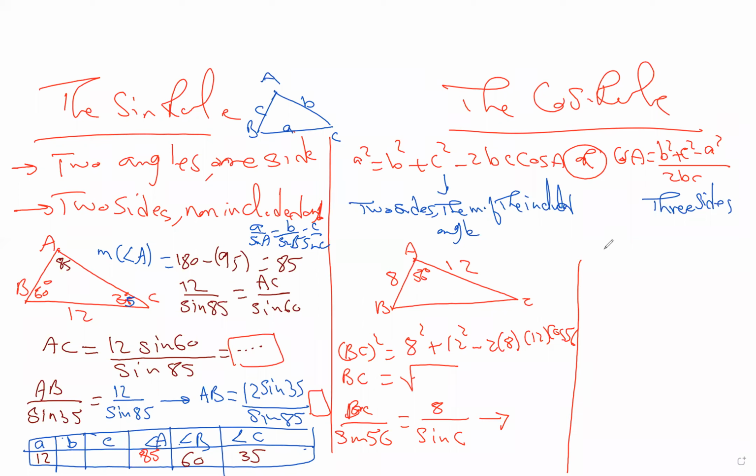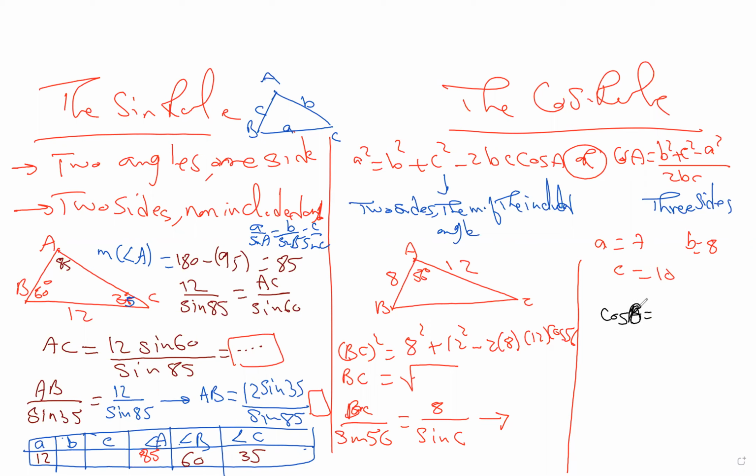This one, if you have a equals 7, b equals 8, c equals 10, you can use this rule to find the angles of this triangle. Like this example, you will find cosine A, for example, or cosine B as you like.